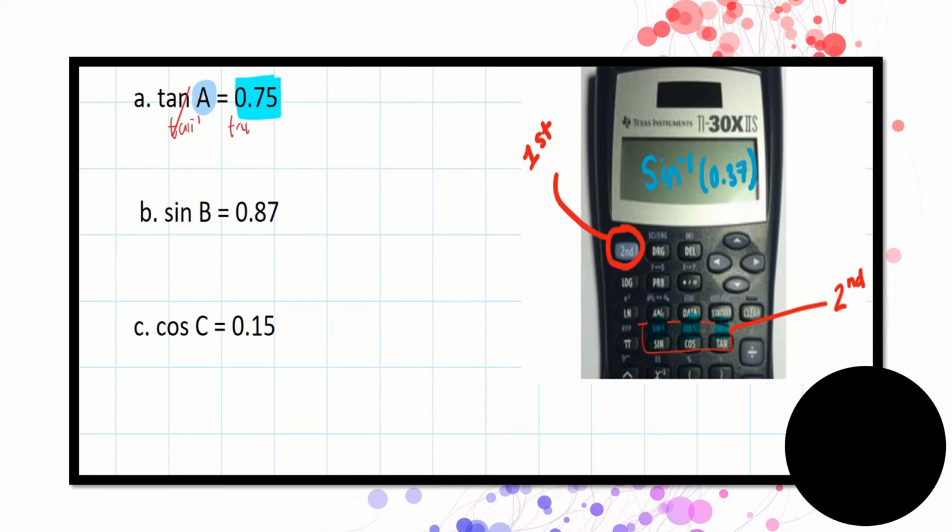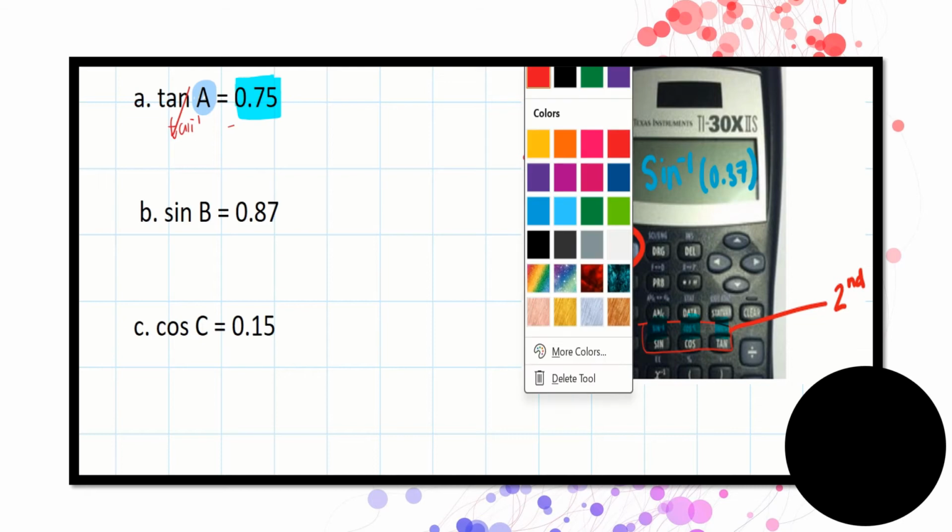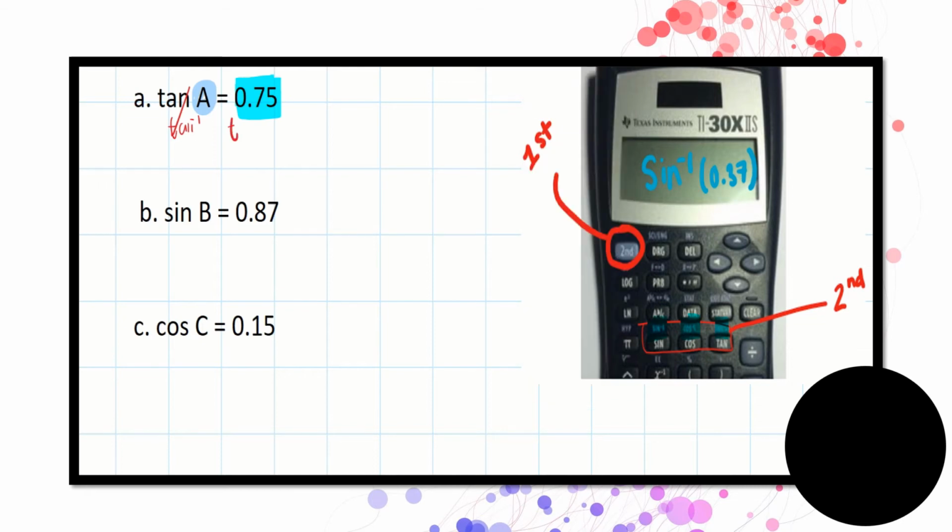So to find out what tangent of A is, we're trying to find out what A is. To cancel tangent, we take the inverse of it. Just like we do in every equation, if we take the inverse of one side, then we are going to be taking the inverse of the other side. That's going to isolate A, which is your angle, and one of your acute angles. And that gives us the inverse tangent of 0.75.